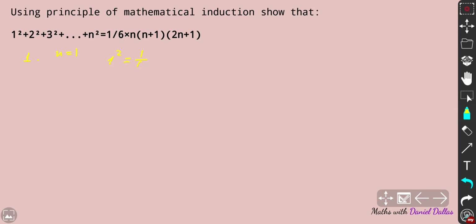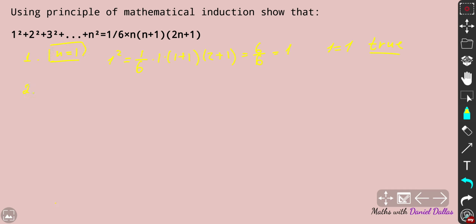On the right side, let's calculate 1 over 6 times 1 times (1 plus 1) times (2 plus 1). So 2 times 3 is 6, over 6. So we also get 1, because 1 squared is 1, so 1 equals 1. That means the base statement is true, it works for n equals 1.